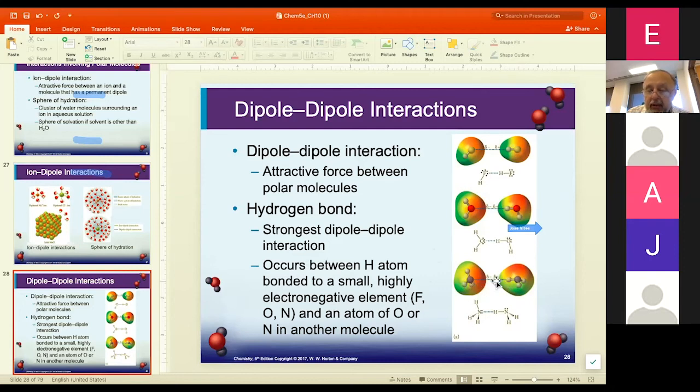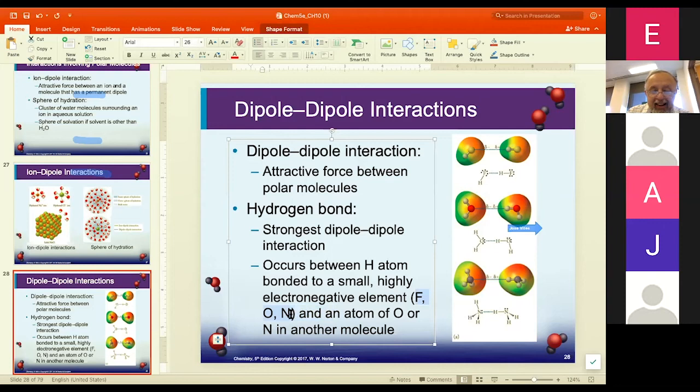Again, the hydrogen is positive, the nitrogen is negative, it has a lone pair, so they form a dipole interaction. So for hydrogen bonding, which is the strongest dipole interaction, the negative part has to be a fluorine, an oxygen, or a nitrogen. So this negative part has to be only these three atoms.